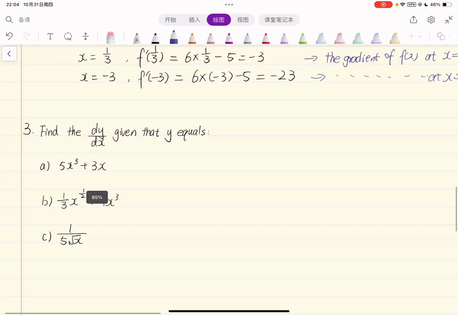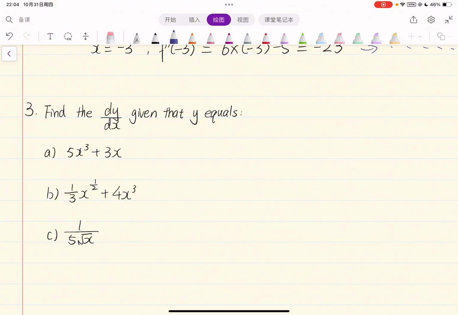Now let's move on to see other questions. For question 3, it asks you to find dy over dx given that y equals the following expression. So in here, there are no quadratic equations, so we can differentiate them term by term.